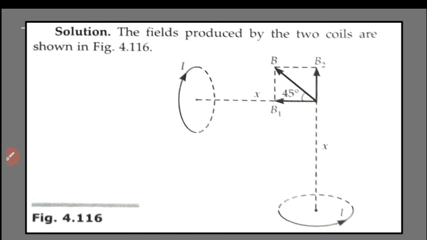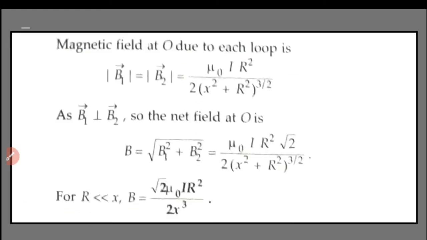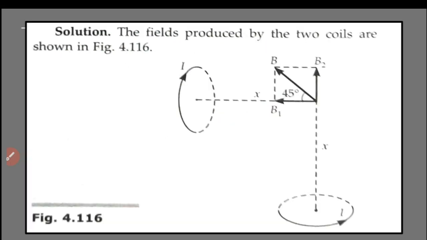B1 and B2 are as shown, and the magnitude of the magnetic field due to each loop will be the same, since O is equidistant. Its expression is mu 0 I r square by 2 into x square plus r square whole raised to 3 by 2. B1 and B2 are equal vectors at an angle of 90 degrees, so the resultant will be root of B1 square plus B2 square.